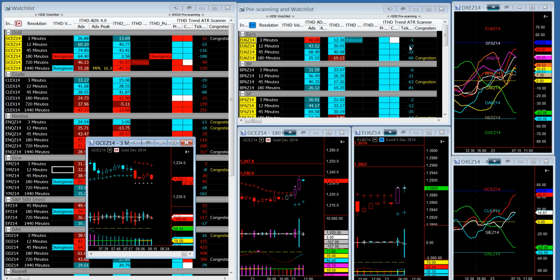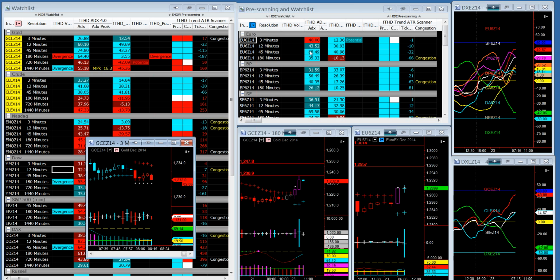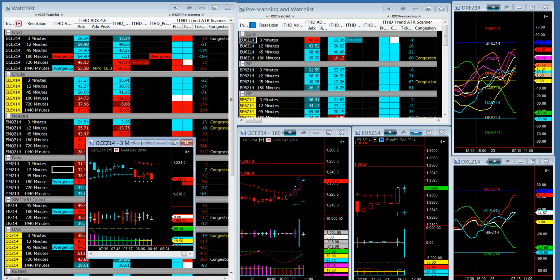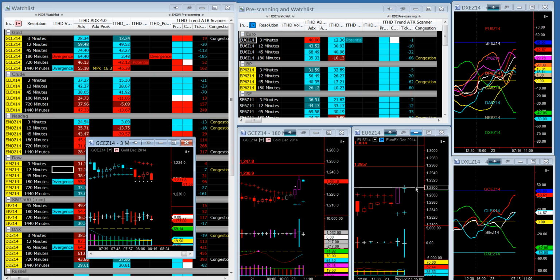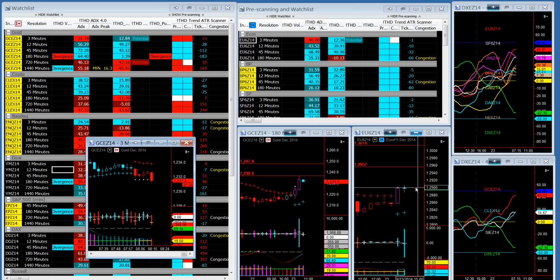Now, you're almost to the point of being overbought over on the 45-minute because you're at 68.49, okay? I would say, no, I'm not going to take this yet because it's probably going to bounce down from this ATR, and that is not a place I would want to enter because I would get stopped out.